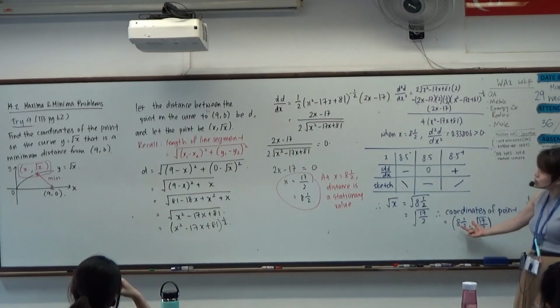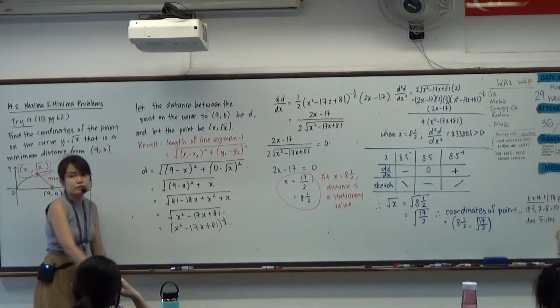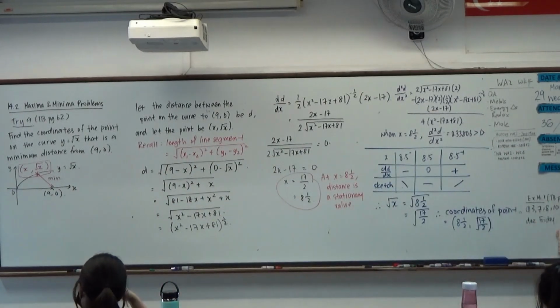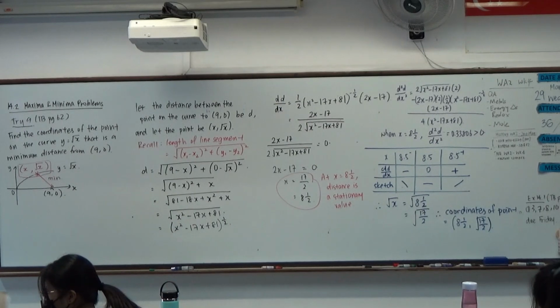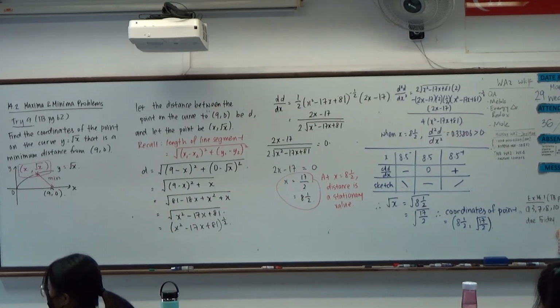Just take the x value, substitute inside here, and then you get the distance. Questions? Right, so we need to be flexible. Don't always stick to using the second derivative test. Also be open to doing the first derivative test.